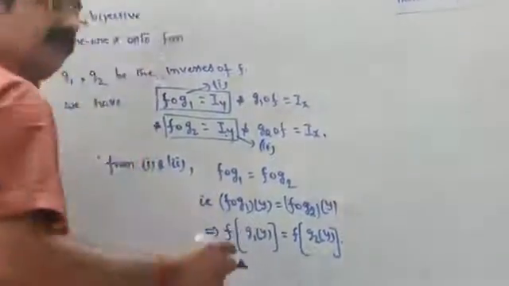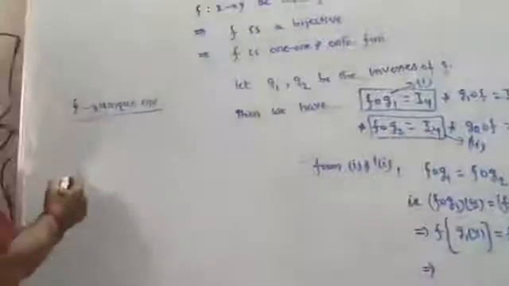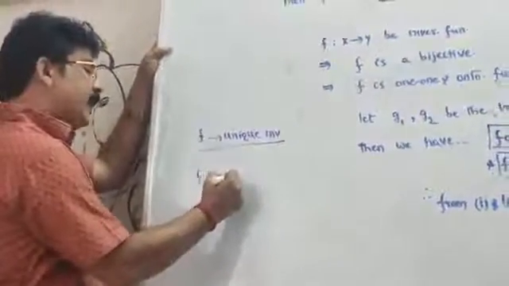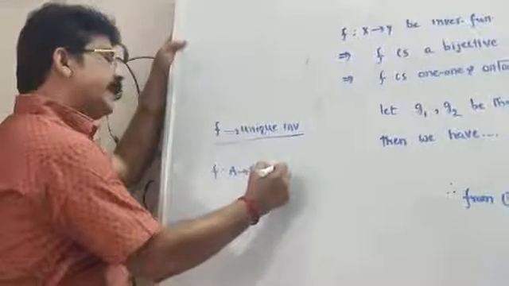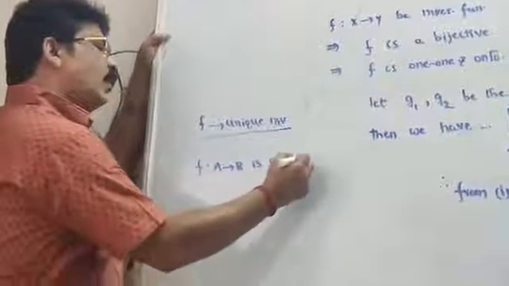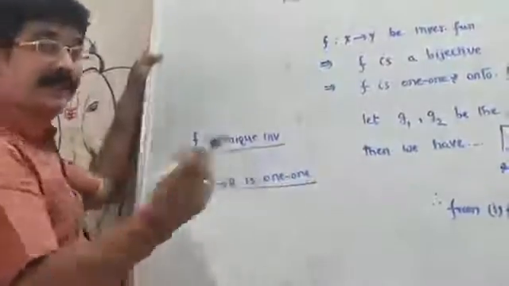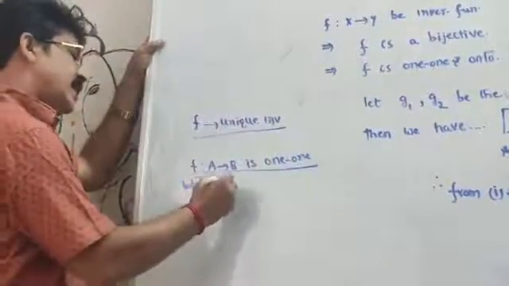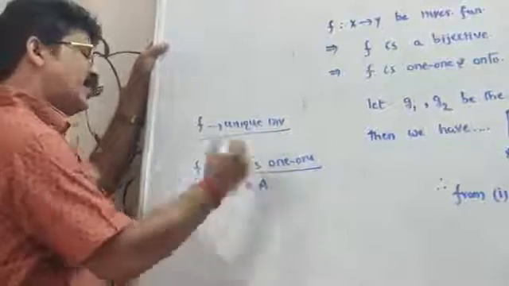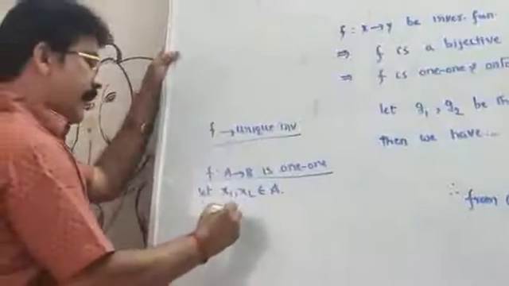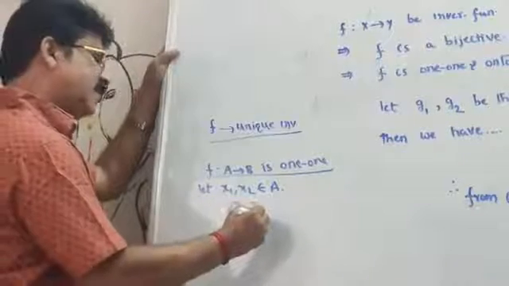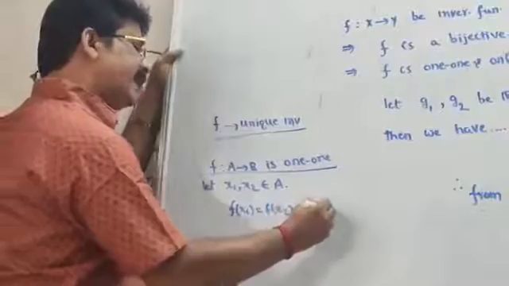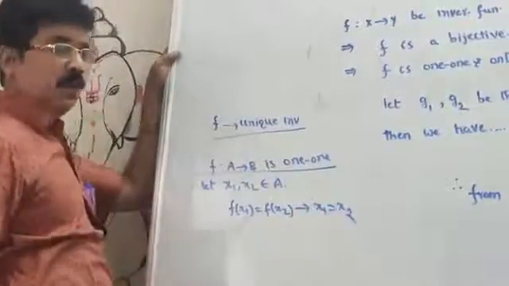So that implies, you come here, if f from A to B is a 1-1 function, let x1, x2 belong to the domain, f of x1 equals f of x2 implies x1 equal to x2.